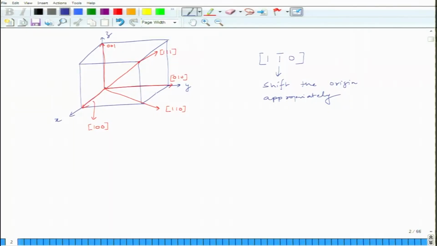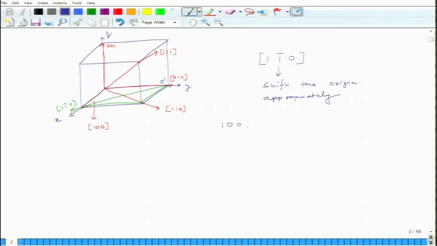So I can now put my origin here. This is my new origin O prime, and if I need to go one along x, which is this, and one along minus y, and if I connect these 2 points, this would be 1 1 bar 0.